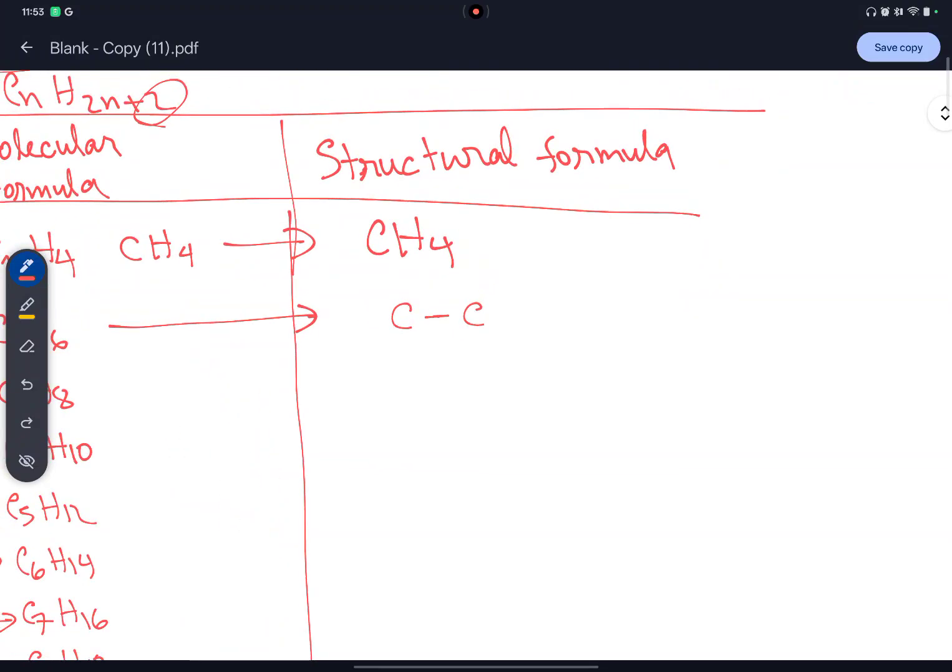Now, we know that carbon is part of group number 4. That means carbon can make 4 covalent bonds. Out of those 4, carbon just now made 1, so 3 covalent bonds are left. So we can easily assume that it will make another 3 covalent bonds, and this one will also make another 3. So here, add the 3 hydrogens.